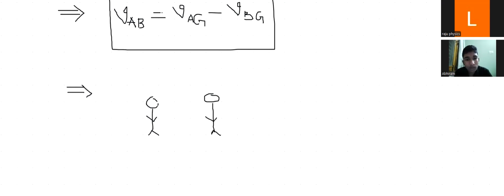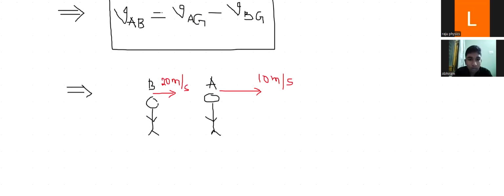This is person A, this is person B. If person A is moving with 10 meters per second, and person B is moving with 20 meters per second. So here two persons are there.